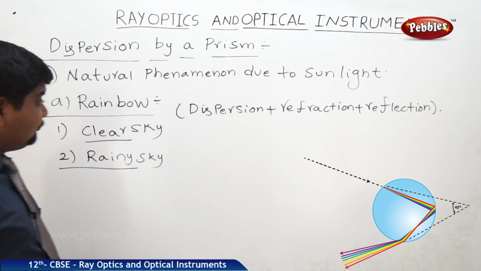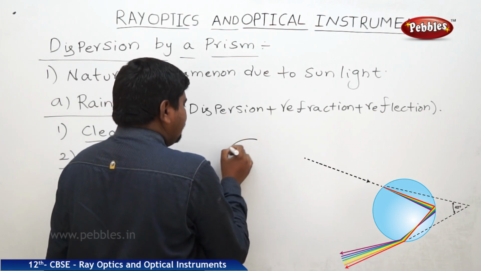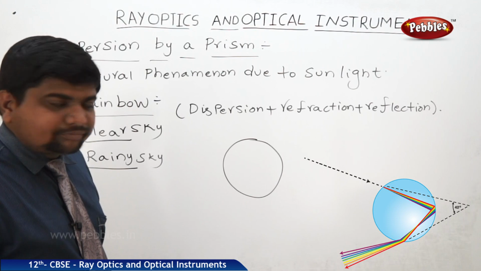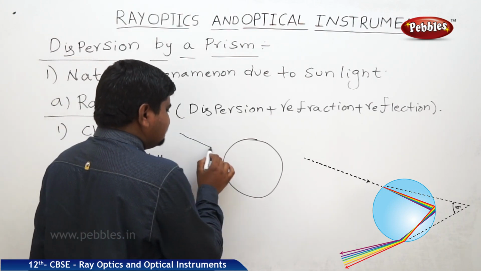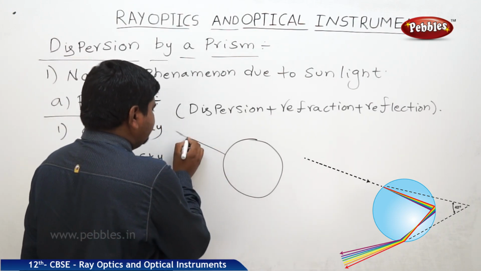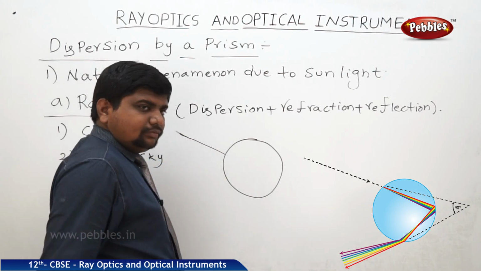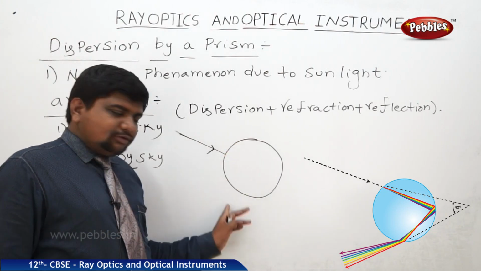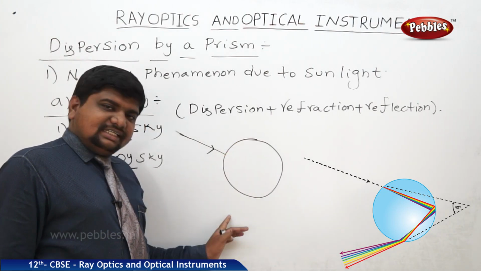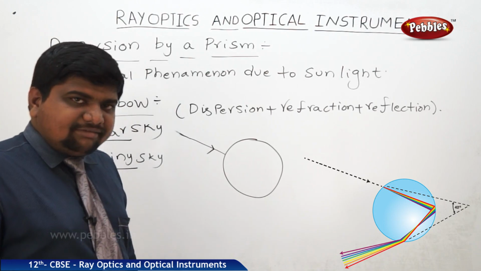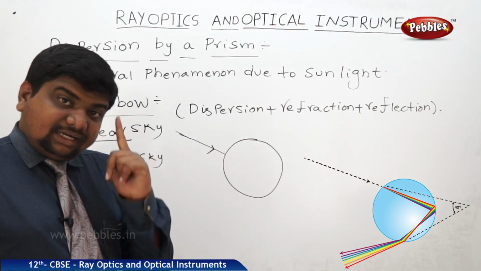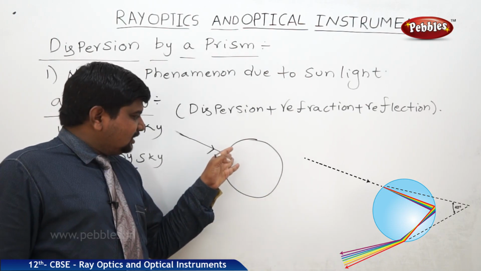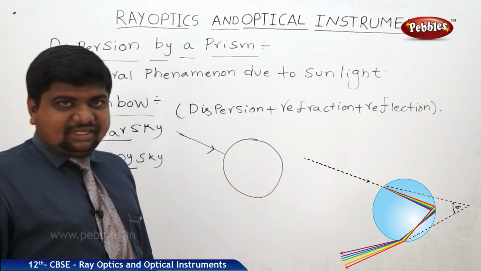So how will it form? For that purpose, let us draw a spherical water droplet, which is a rain drop. Sunlight enters like this, at some angle of incidence. This is a spherical water surface, which is a denser medium. Whenever sunlight travels from air to a denser medium, it refracts, and because of its prism nature, the light will deviate into 7 different colors.